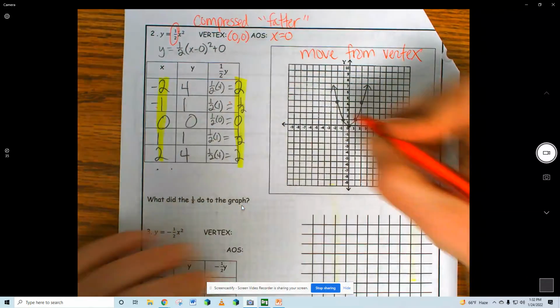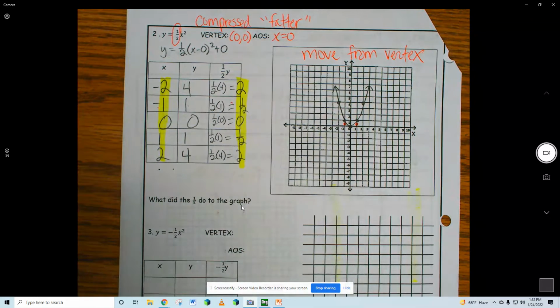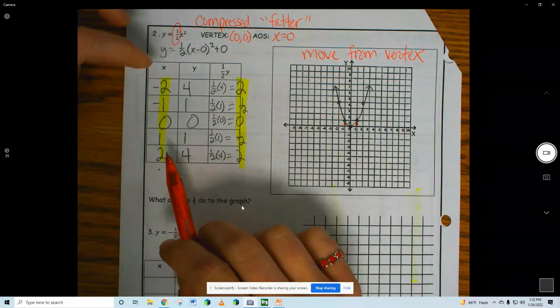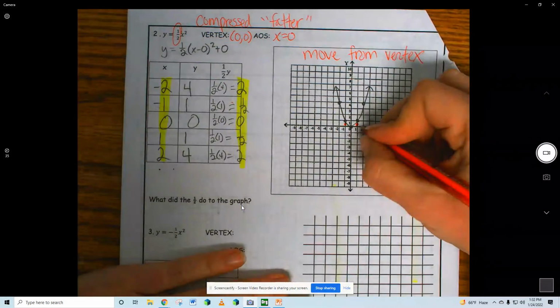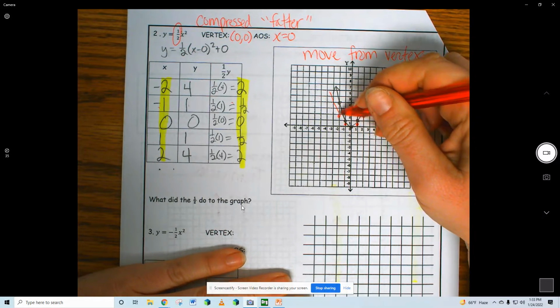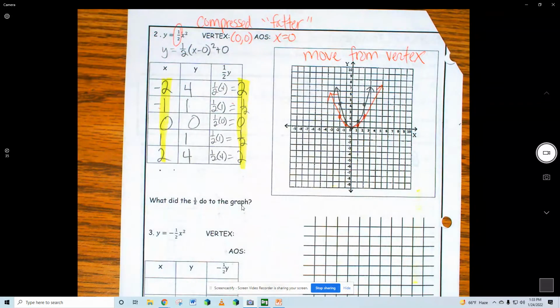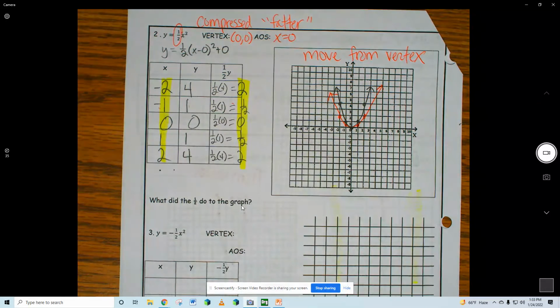It's really like in the middle. See this? And then over 2, up 2. And it just gets wider as you go. See how it's wider than the parent function? The 1/2 makes it wider.